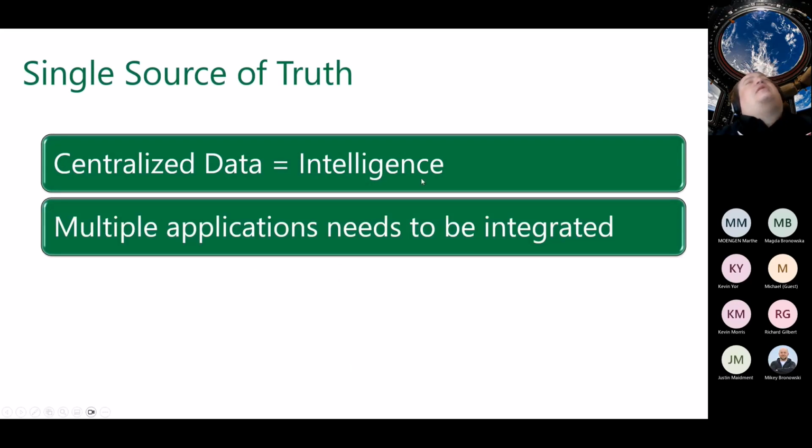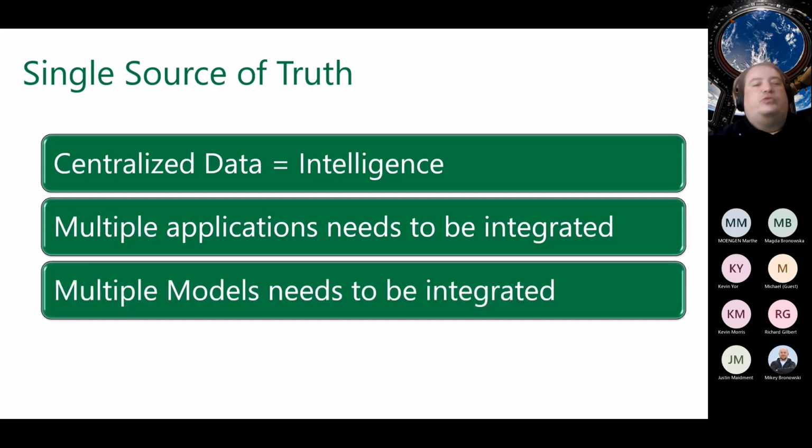This can be a data warehouse, this can be a data lakehouse, or even other approaches. Multiple applications will need to be integrated. So to build the single source of truth, we need to ingest data from multiple sources, multiple applications.